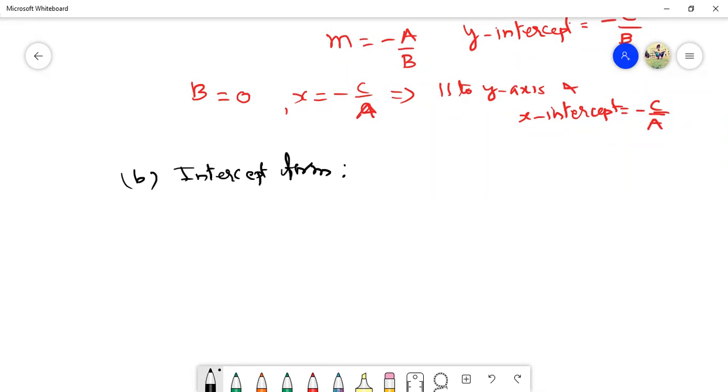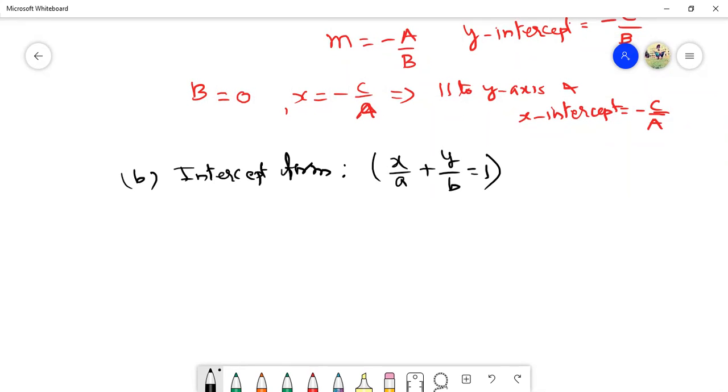Intercept form is x/a + y/b = 1, when the line cuts off intercepts on both the x and y axes. It is called intercept form. a is the x-intercept, b is called the y-intercept.